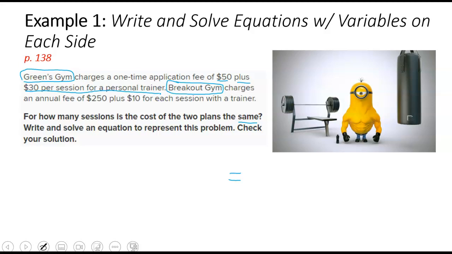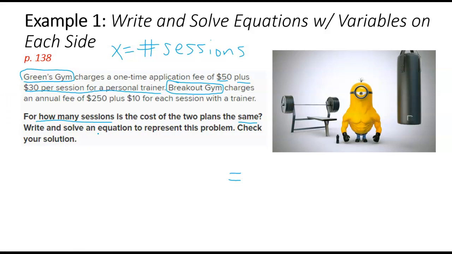So if we have our variable, I'm going to call it x, we're going to let x represent the number of sessions with a personal trainer, because we want to find how many sessions. So when we're solving for x, we're solving for how many sessions are these two the same.